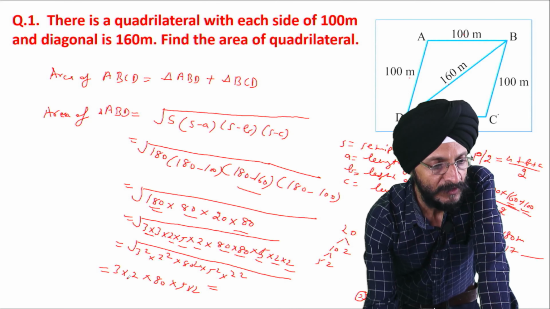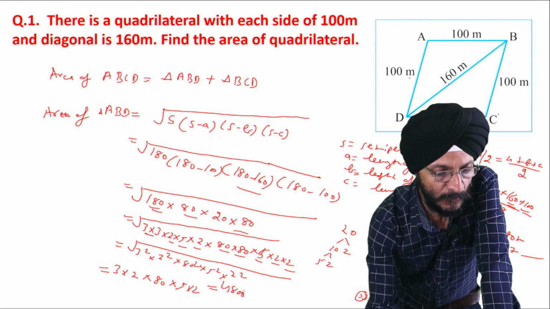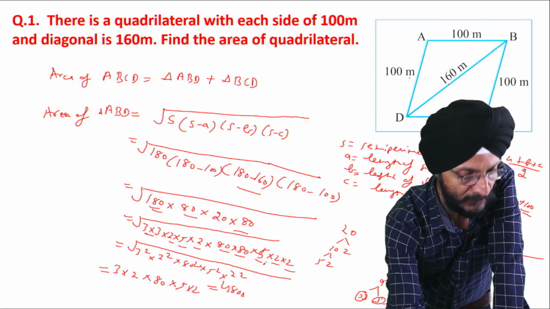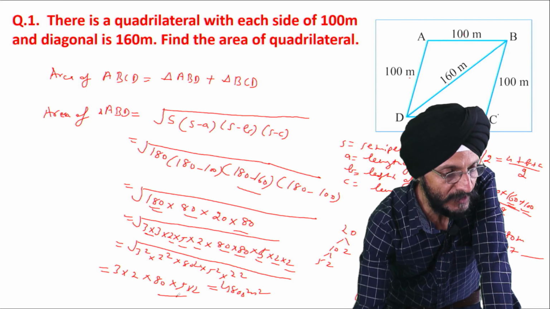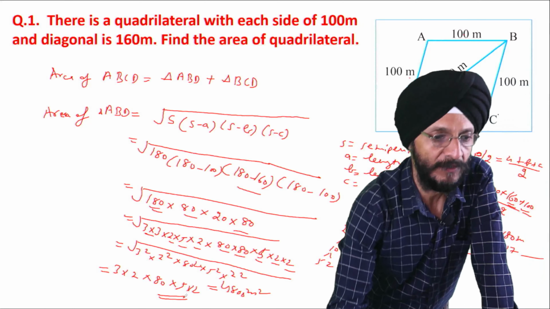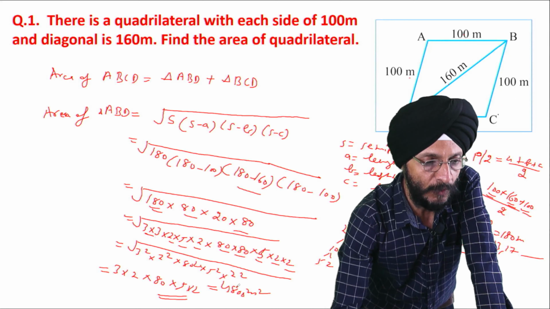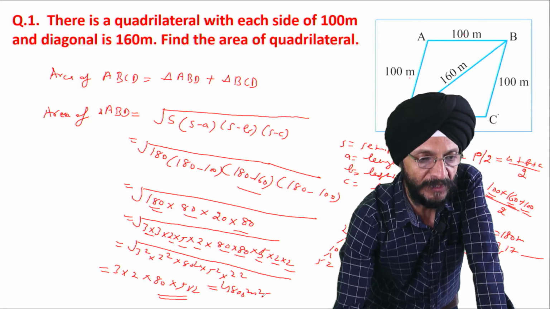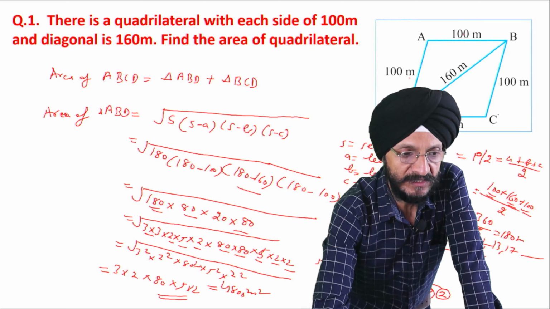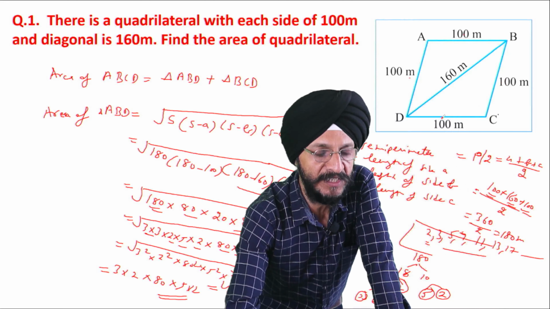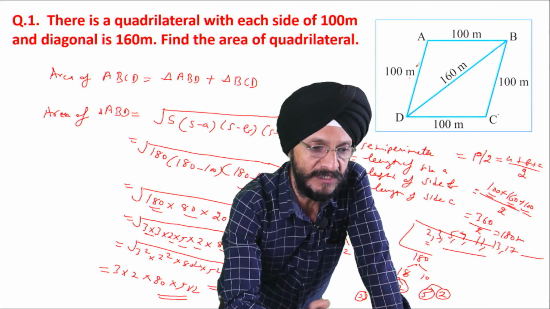What does it come to? 4800 square meter. This is the area of one triangle. We have found out the area of this ABD. It is 4800 square meter. So this is the area of one triangle, but because the sides of the other triangle, that is BCD, are also the same as ABD, the same is also true.